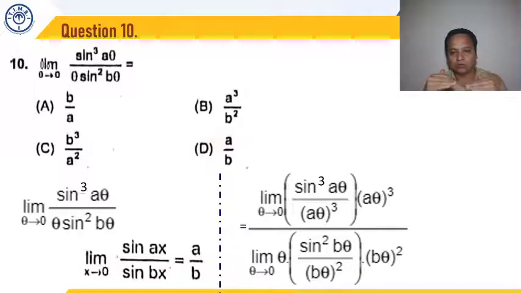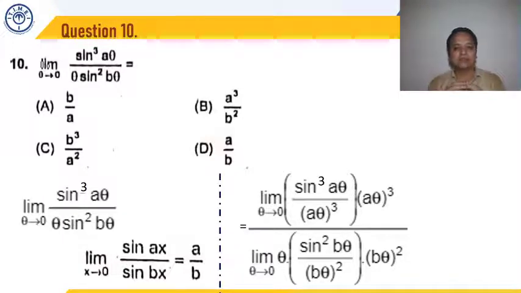If we carefully look in the denominator, there was theta apart from the bracket. Then sine square b theta upon b theta whole square can be written as sine b theta upon b theta whole square. Now when theta tends to 0, this bracket will become 1. So we had theta left in the denominator as well as b theta whole square, that is b square theta square, also there in the denominator.